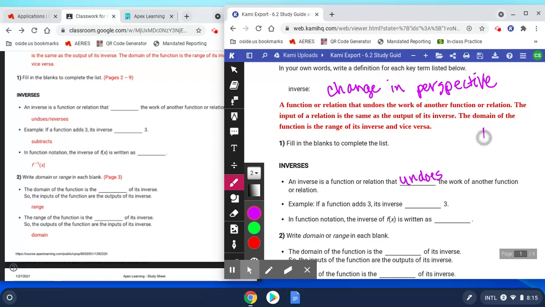What do I mean? I mean, as we were doing those little practice tables where I told you, okay, well, what's happening to x in the first function? Let's say that x is multiplying by 2 and then subtracting 3. And then we undo that work by adding 3 and multiplying by a half to get the inverse.